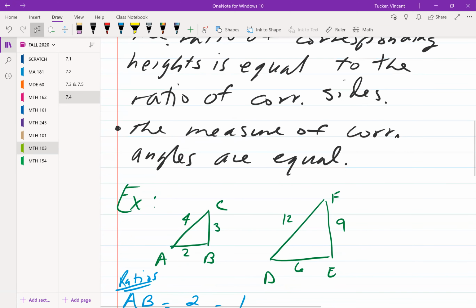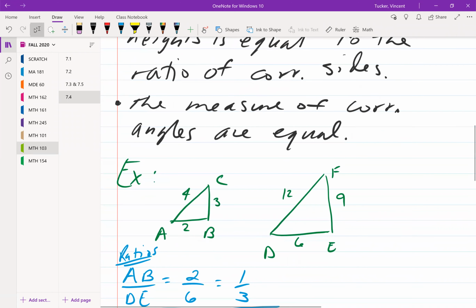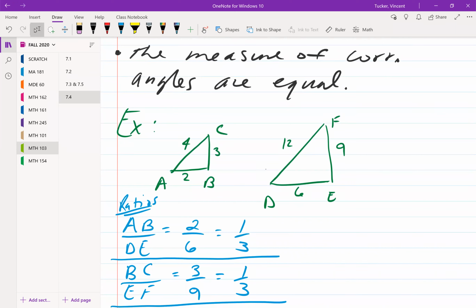All right. So just a quick example of what we mean by that is that if I have these two triangles, and they are similar, what we're saying is that the ratio of their sides will be equal. So when I look at AB and DE, if I do AB over DE, that's 2 over 6, which will simplify to 1 over 3.